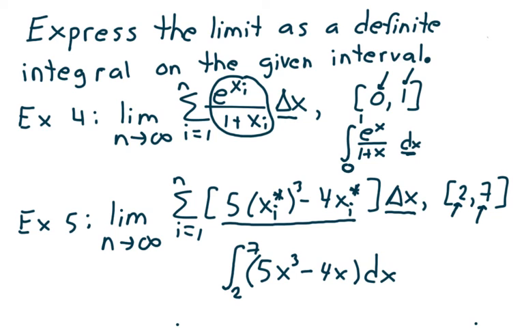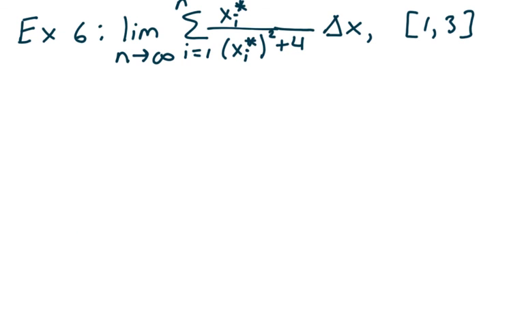Okay? And we'll do one more. So if we take a look at this one, we have the summation. Let me write that a little clearer here. So we have the summation from i equals 1 to n of x_i star over x_i star squared plus 4, delta x. And then my interval is from 1 to 3.